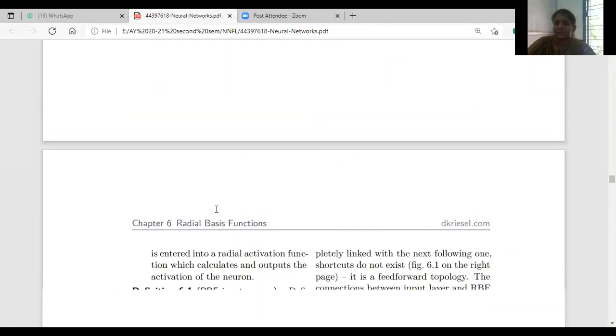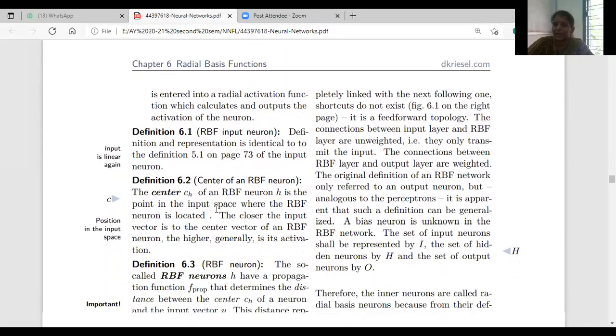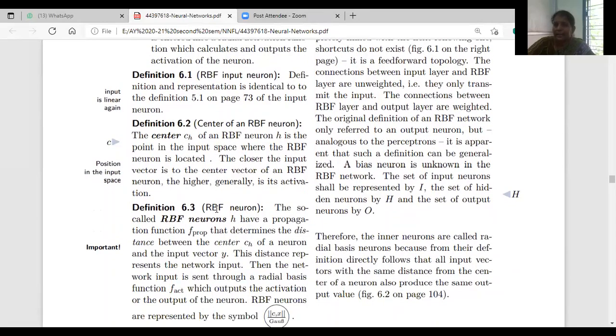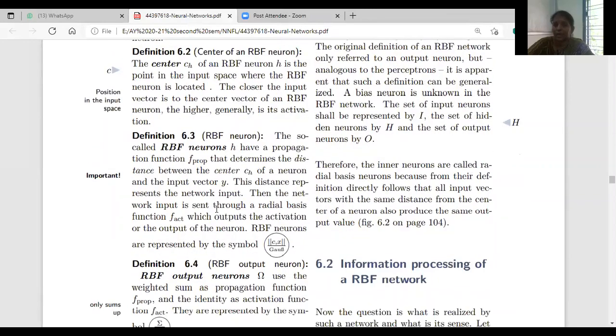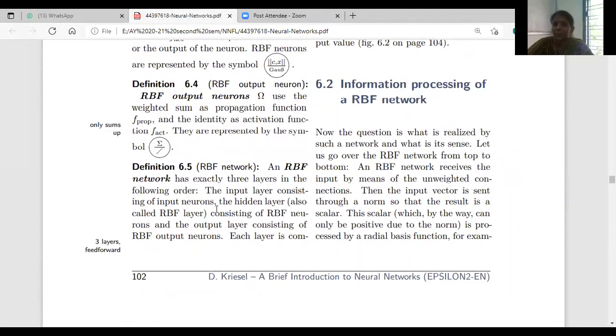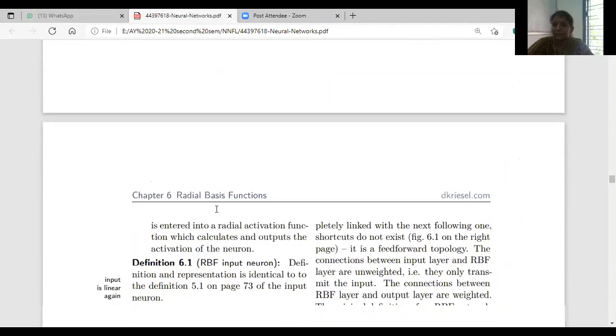This is entered into the radial activation function, which calculates and outputs the activation of the neuron. So here you have the radial basis function input neuron, center of the radial basis function neuron, RBF neuron, and RBF output neuron. Finally, the RBF network.